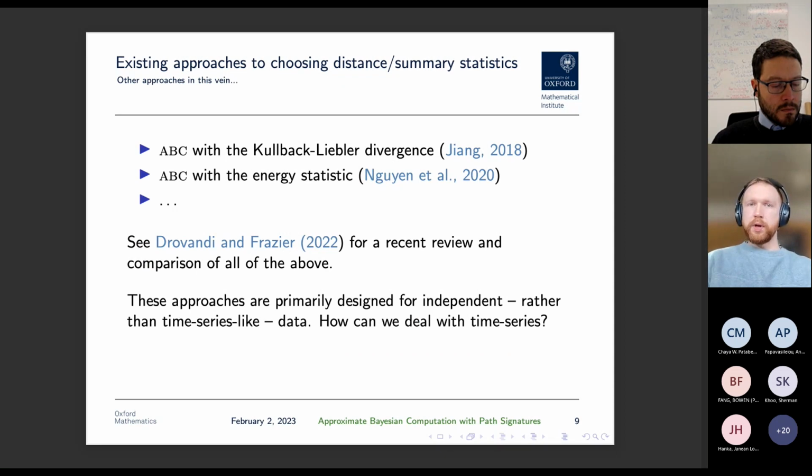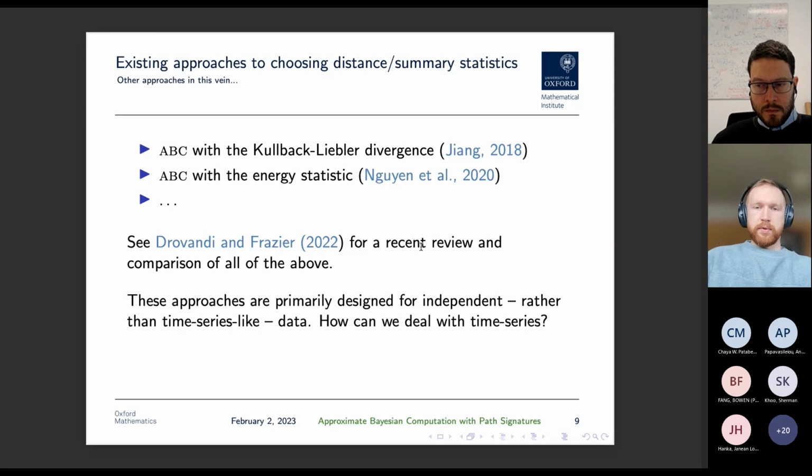The approaches that I've mentioned aren't the only approaches that have tried to build semi-automatic or summary-free discrepancy measures for ABC. Others, such as this 2018 paper on ABC with the KL divergence, and this 2020 paper on ABC with the energy statistic, are similar approaches to the papers that I've just outlined.